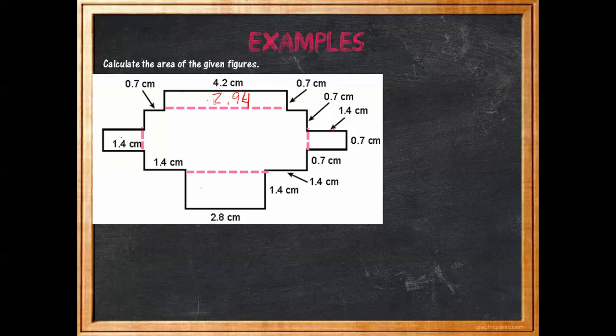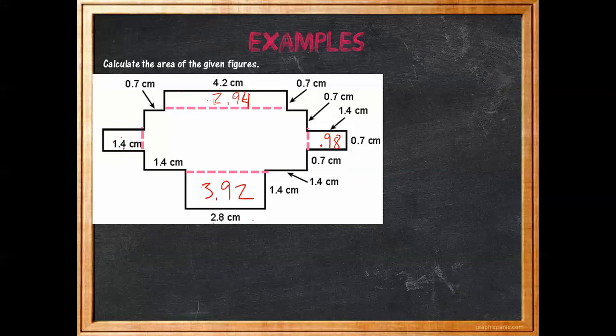If I look on this one, I know this is 1.4 and this is 0.7. So 1.4 times 0.7 is going to give me 0.98. If I look at this shape down here, I have 2.8 and 1.4. 2.8 times 1.4 is 3.92.